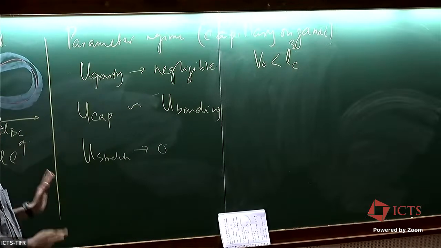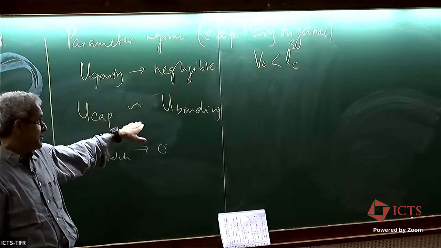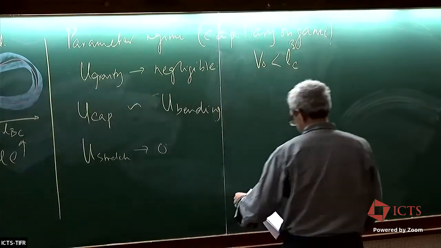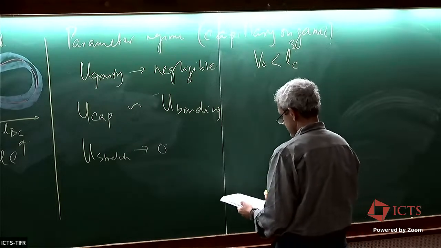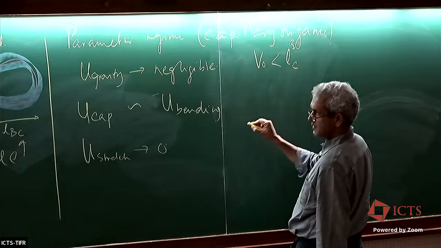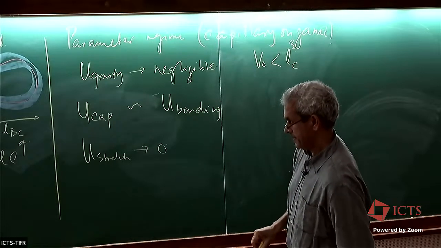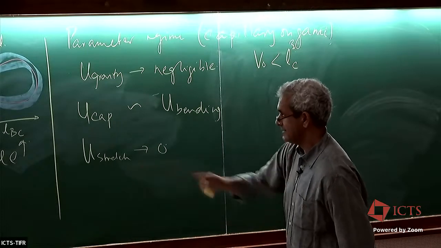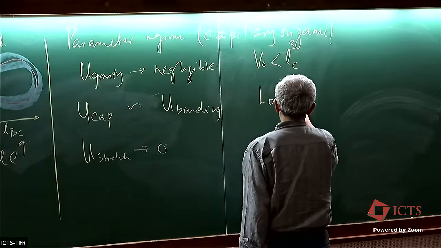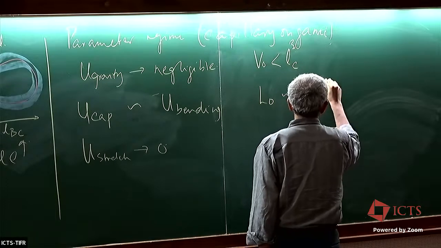This is the combination of parameters. Maybe a different way of writing this is to say, the system size, I don't know what we've been calling it. I put an L0 over there, so I'll just borrow L0. L0 must be a few times L_BC.